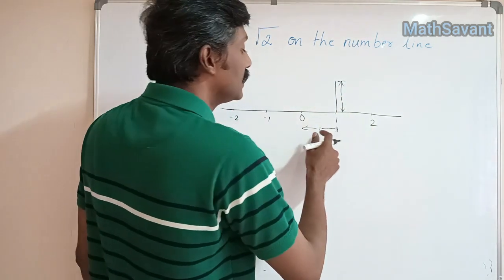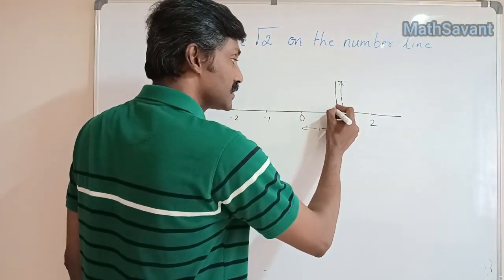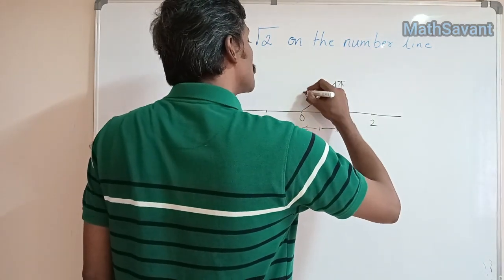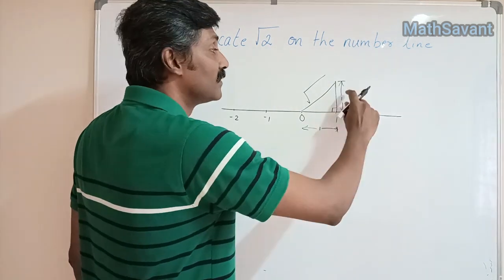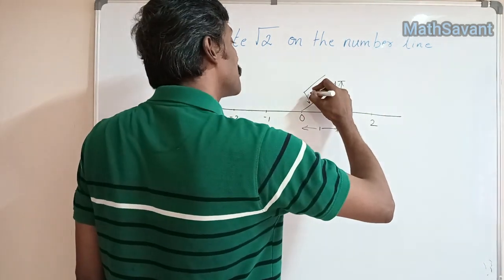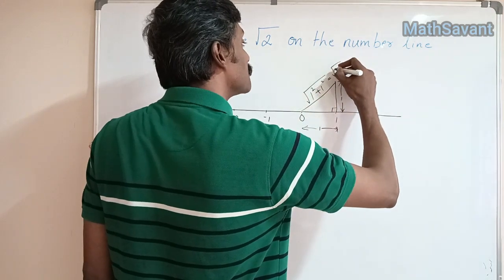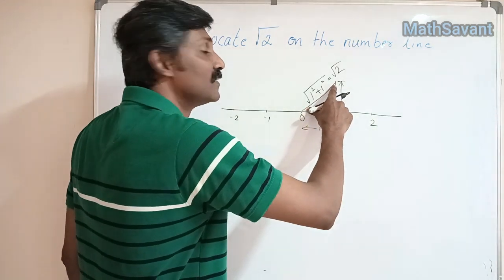Now, the hypotenuse of this right triangle, because this is perpendicular, has to be square root of the base square plus the altitude square, which is nothing but square root of 1 square plus 1 square, which is nothing but square root of 2. So now we have got square root of 2 here.